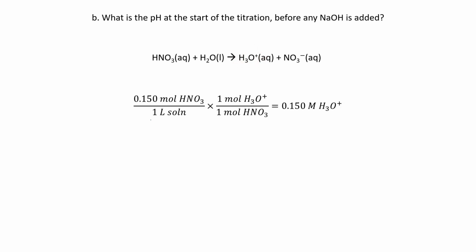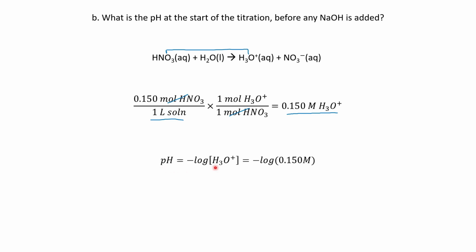So starting with my concentration of my nitric acid, I just use my mole ratio to convert that into moles of hydronium, and here is my concentration of hydronium. So in a 1-to-1 ratio, your concentration of acid is your concentration of hydronium. It's fabulous.